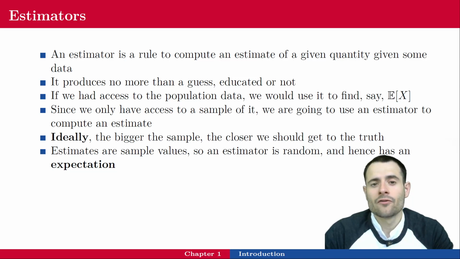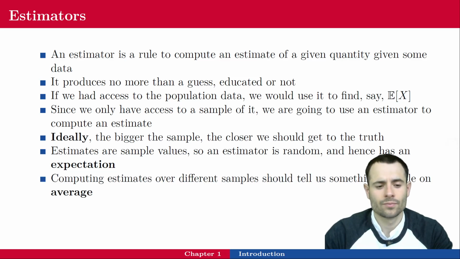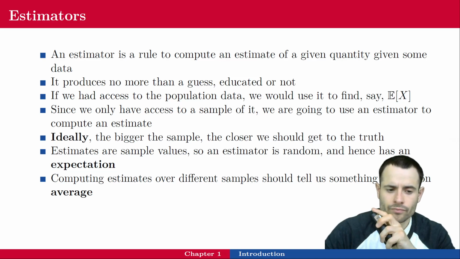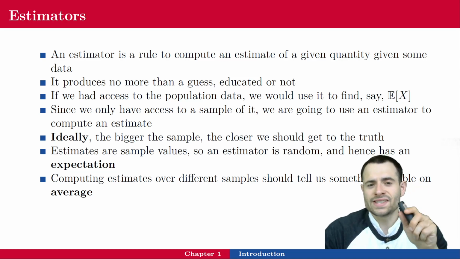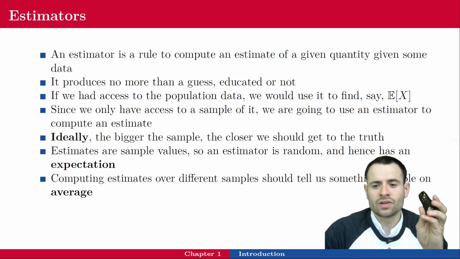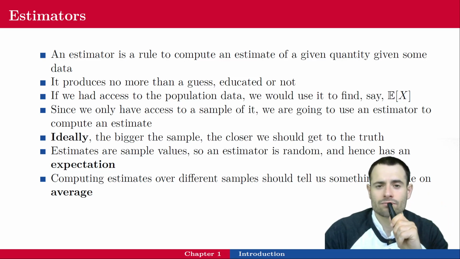Estimates come from samples. So, like other sample statistics, an estimator is going to be random, and it will have an expectation as well as a variance. If you compute the same estimate over a bunch of different samples, it should tell us something reliable on average.